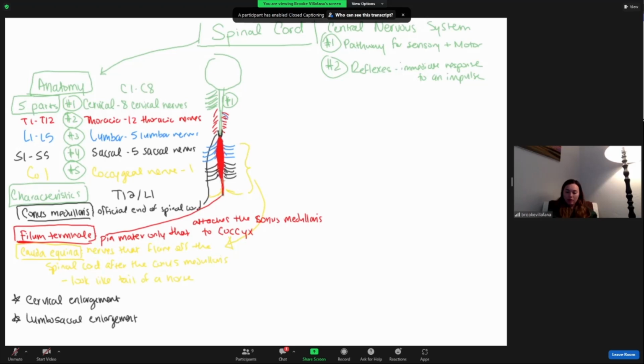And then it also is large up here at the cervical part. The way I remember it is it's like your head and your hips, like a human would have a large head and then kind of large hips, right? So cervical enlargement here is by your head, which is large, and then your hips, all humans have larger hips than their shoulders. Lumbosacral enlargement.